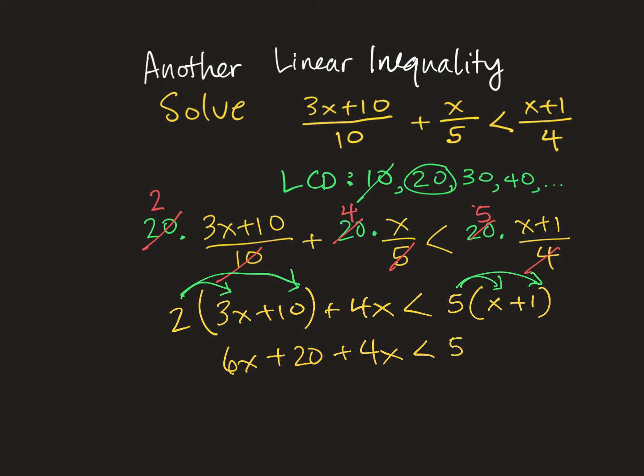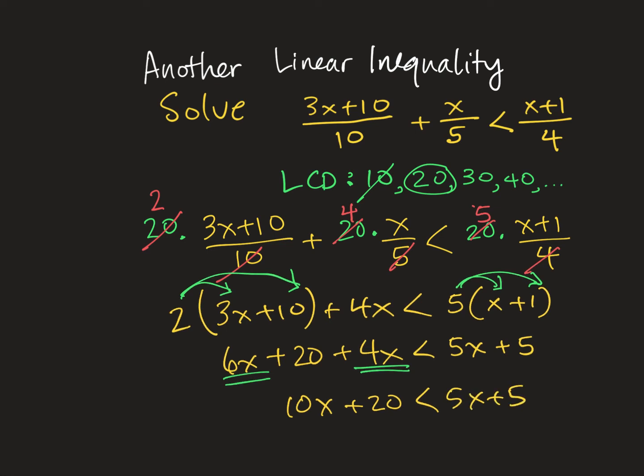So 5x plus 5. I've gotten rid of all my parentheses, but on the left side, I have the 6x's and the 4x's, which are like terms that can be combined. So 6x's plus 4x's is 10x's, plus that 20 is less than 5x plus 5.